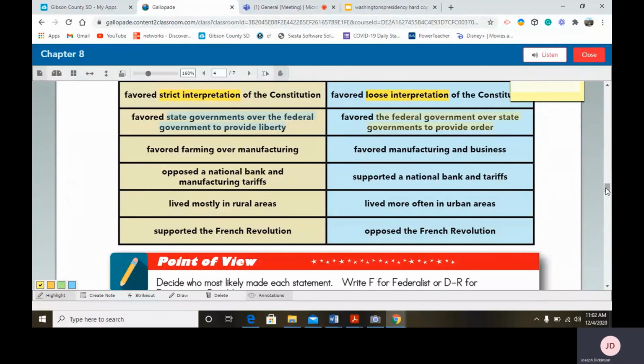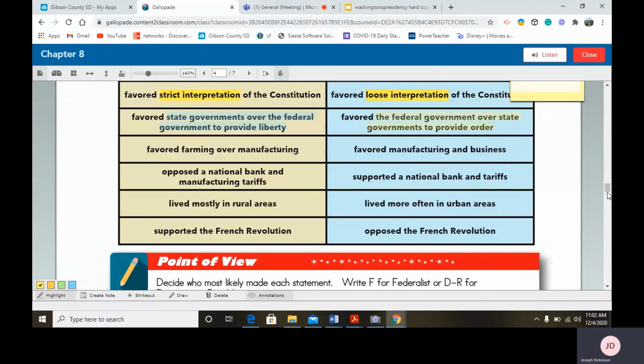And last but not least, the Democratic Republicans support the French Revolution because the French helped us, and the Federalists oppose the French Revolution because they want to keep ties with the British. Even though we were at war with them, they are giving us goods, and we can tax that. So that is all of that.